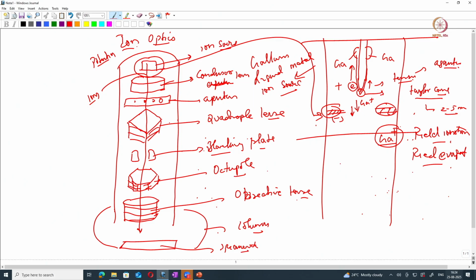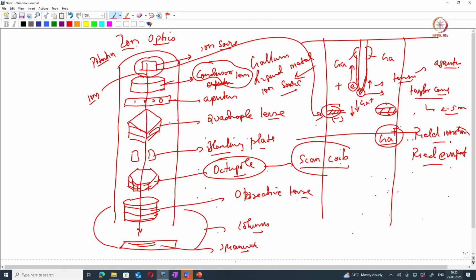So what is the use of the condenser? As its name suggests, this condenses the ion beam, and this forms the beam which is then scanned across the sample surface by the octopole. These are referred to as scan coils.